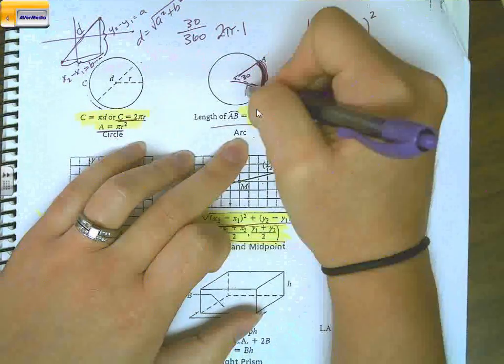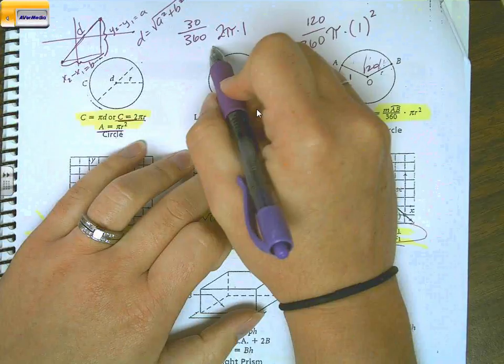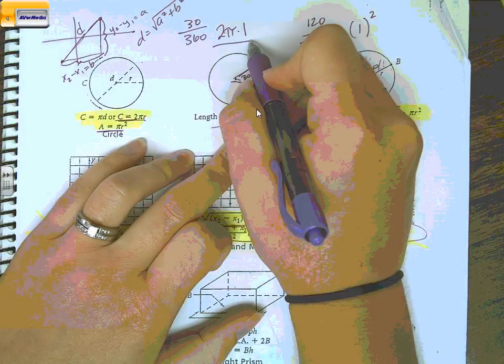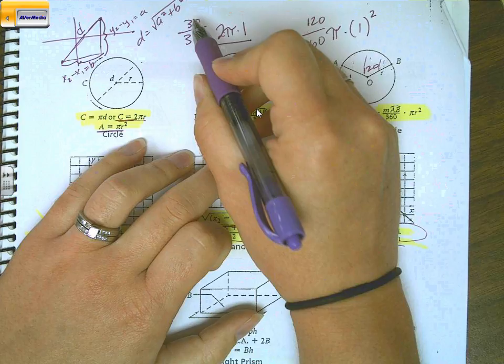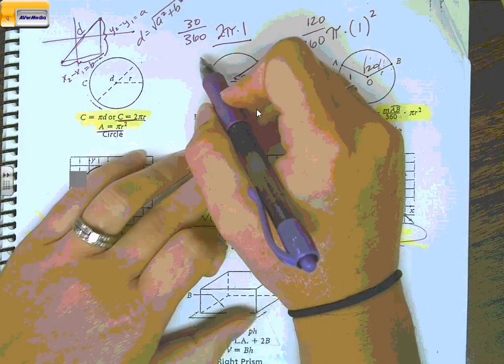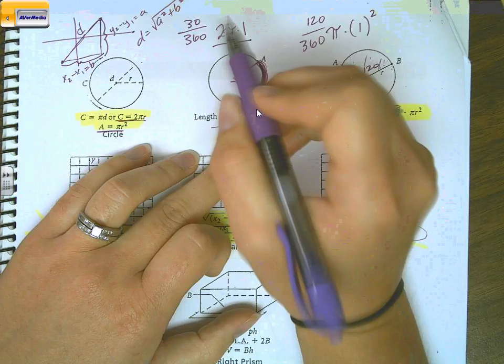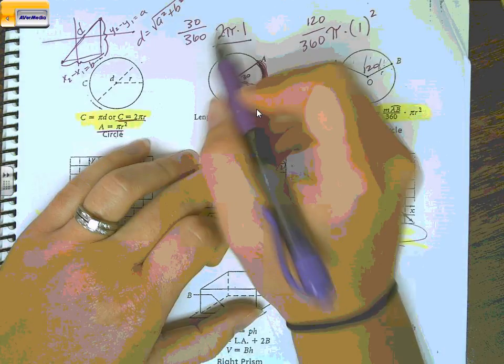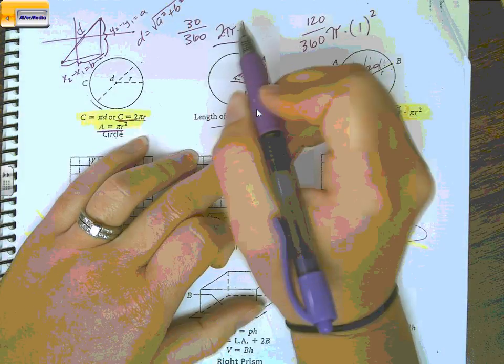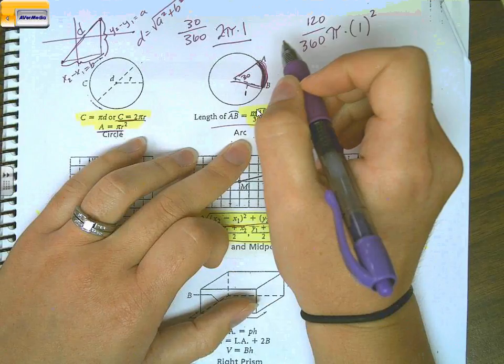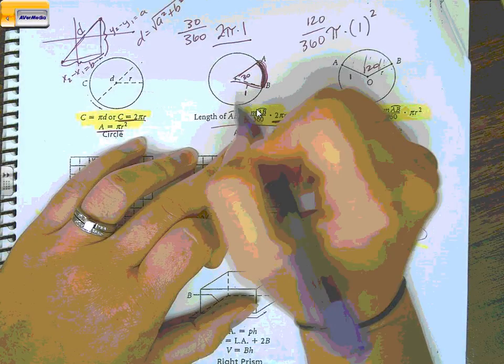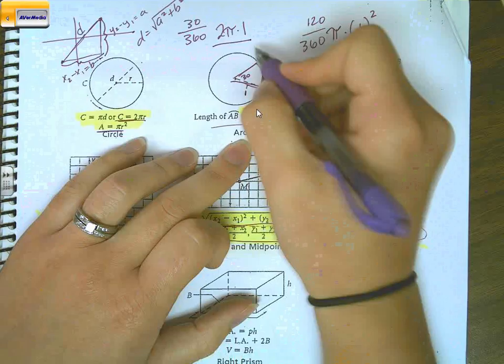If the radius is 1, I'm going to find the length around the whole circle, which is 2 pi times 1, and then I'm going to multiply it by 30/360ths. Why 30/360ths? I only want 30 out of the 360 degrees. So I'm doing a proportion, sort of. So I'm getting just the part of that circumference. Does that make sense? So you multiply the circumference by 30 out of 360. That's how you find the length of an arc.